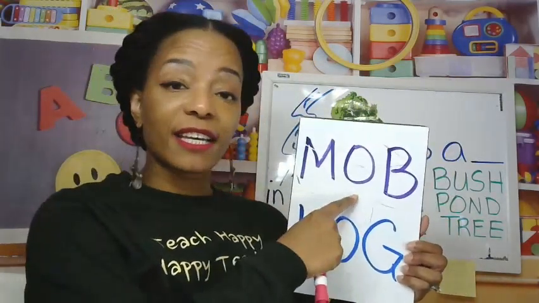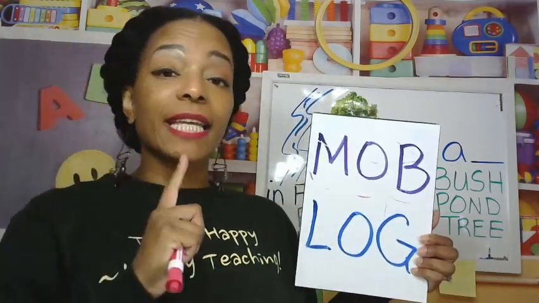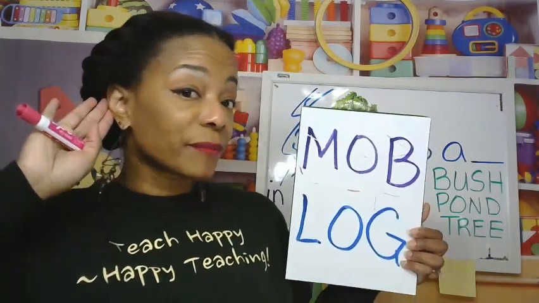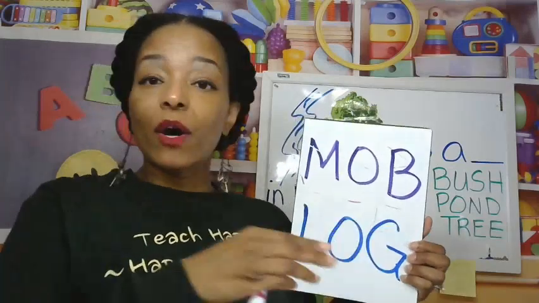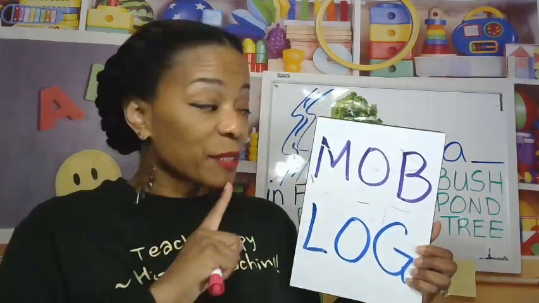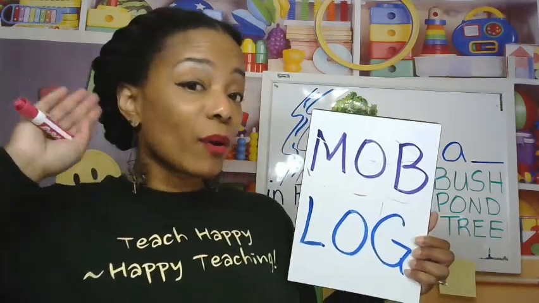Great. What is it? They say O. Great. It's O. O says what sound? Great. What is it? B. It's B. B says what sound?